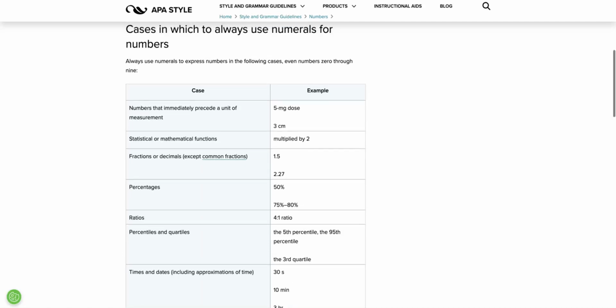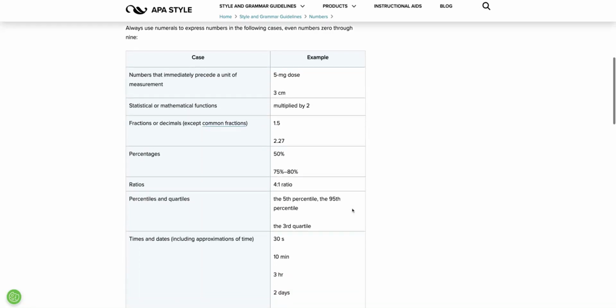In statistical and mathematical functions, you always use the numeral, not the word. Again, fractions and decimals, except those common fractions that we just talked about previously, like the two-thirds, the one-fifth. In percentages, you always write the numeral, unless, again, it starts a sentence, then you would not. But if you're reporting a percentage, then you always use the numeral.